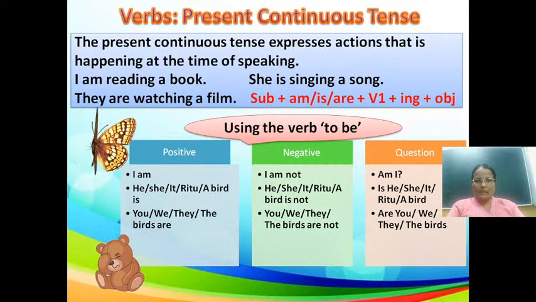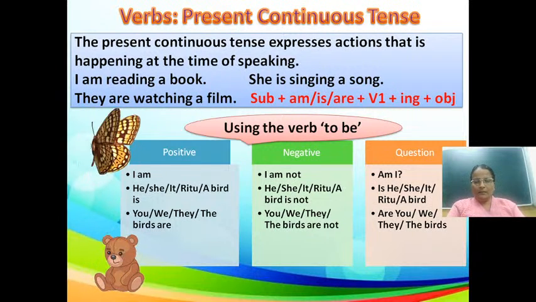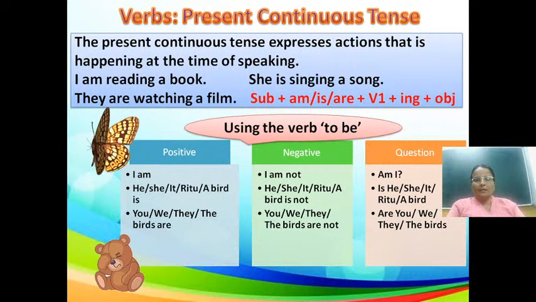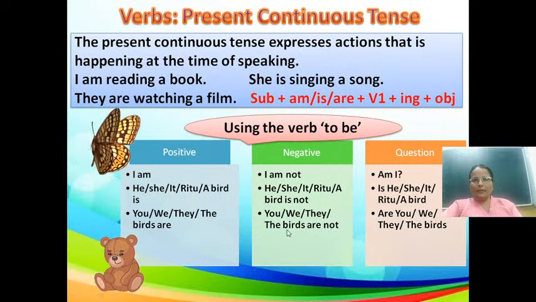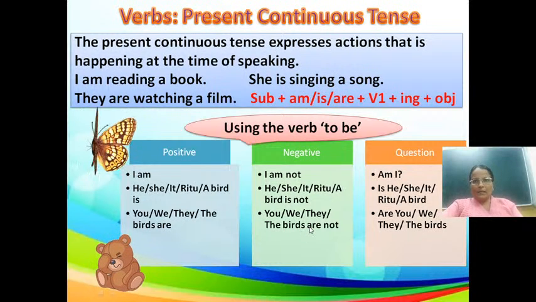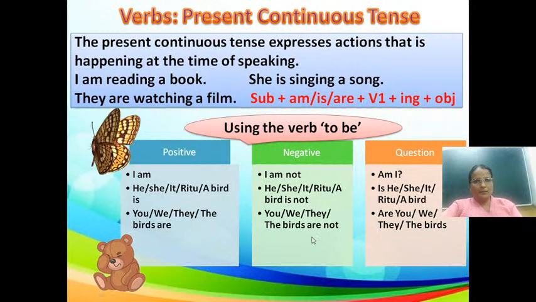And if the subjects are he, she, it, Ritu, a bird, that means third person singulars, then subject plus is plus not plus ing form of the verb and object. And if the subjects are you, we, they, the birds, the cats, the children, etc., plus are plus not plus ing form of the verb and object.